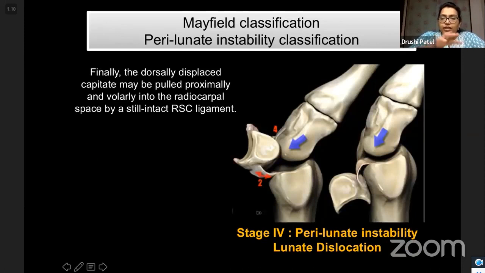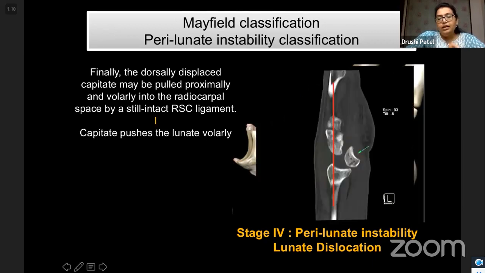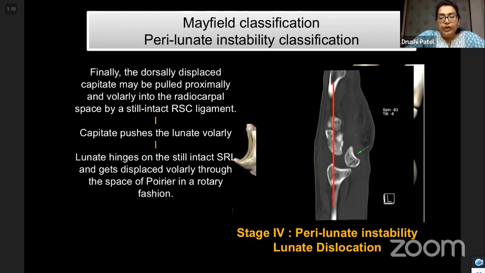Lastly, when the lunate has lost all its attachments from all 3 sides, the dorsally displaced capitate will move downwards towards the proximal carpal row, throwing the lunate out of the joint. The lunate may remain attached by the short, still intact radioscaphocapitate ligament, but when it tilts outward, that is known as stage 4 of perilunate instability, the lunate dislocation.